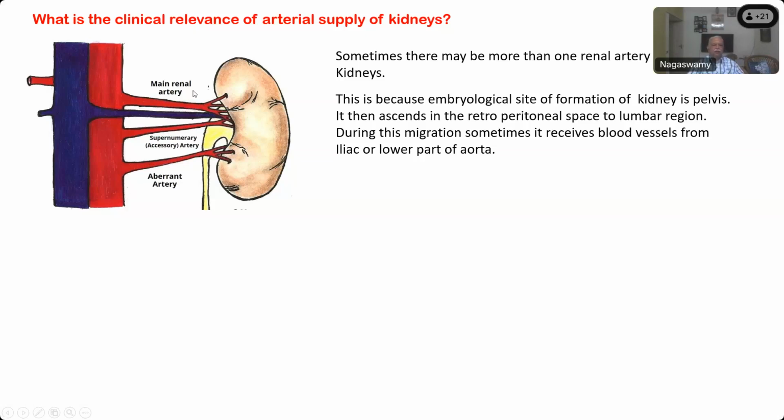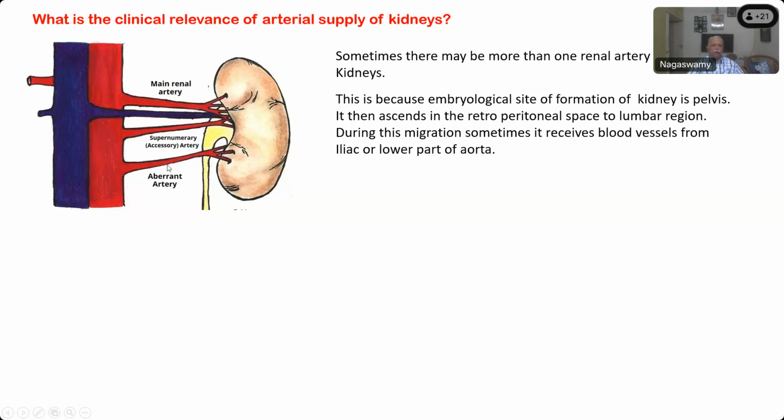Sometimes, if these 3 arrangements are present and the aberrant artery is a very small one, you can sacrifice it when you take the donor kidney. Whenever a donation is being done and all 3 branches are available, with the main renal artery and the accessory renal artery both entering through the hilum, and a third aberrant artery, if the aberrant artery is very small, then you can sacrifice it and take only these 2 vessels.